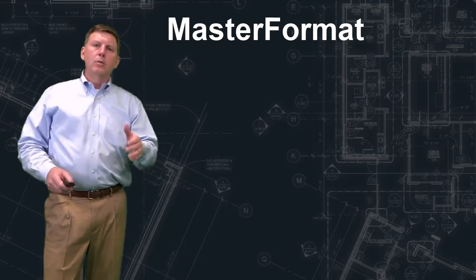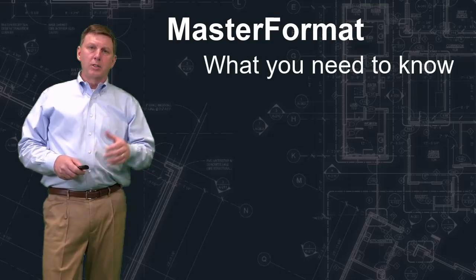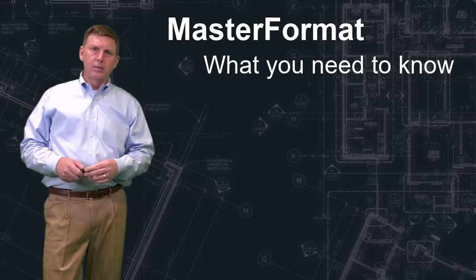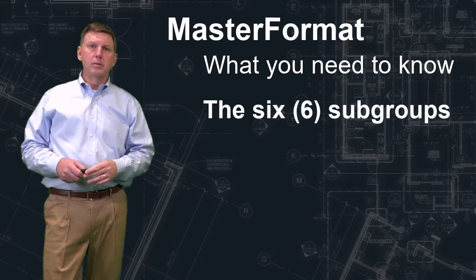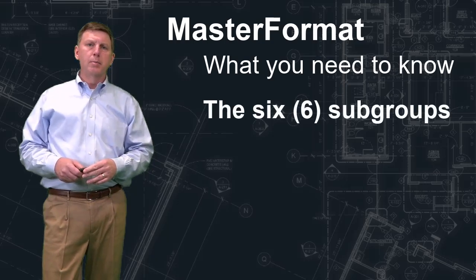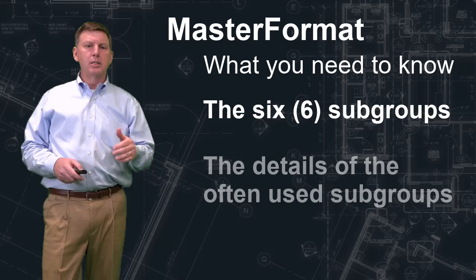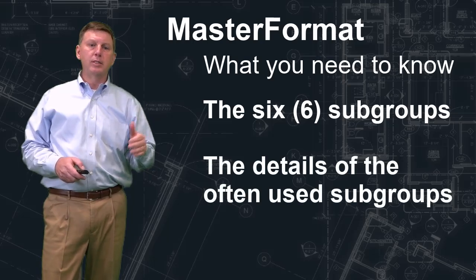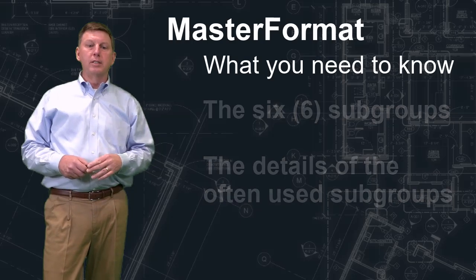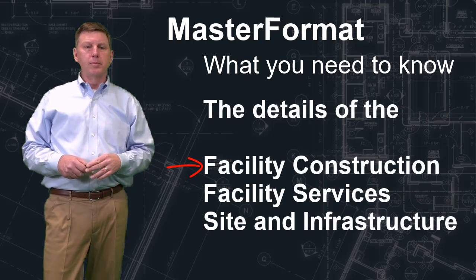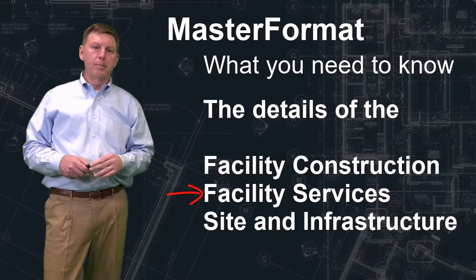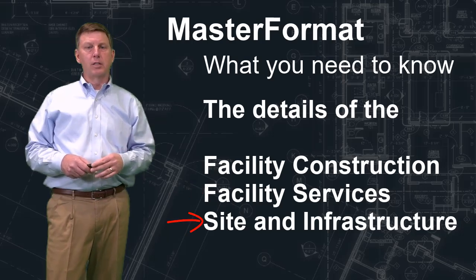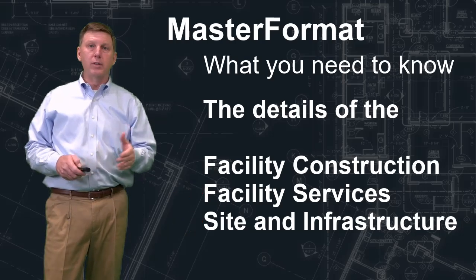All right, so what is it you need to know with regards to master format and the details? Well, you should know the subgroups that we just went over, but you should also know the details of a few of those subgroups. For instance, you need to know what's in the facility construction subgroup, the facility services subgroup, and the site and infrastructure subgroup. Not all of them.